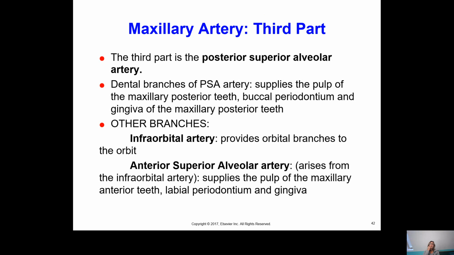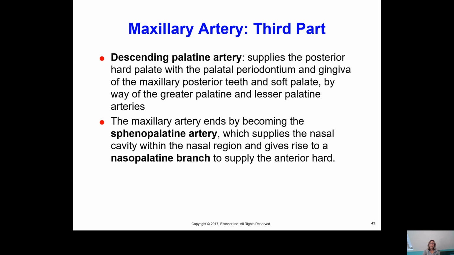You've got your infraorbital, which is going to go infra, or just below, the orbit. Your anterior superior, anterior being in front and above, is going to come above your anterior teeth. Your descending palatine supplies the posterior hard palate. So think about where your greater palatine and lesser palatine foramen are, the posterior palate.